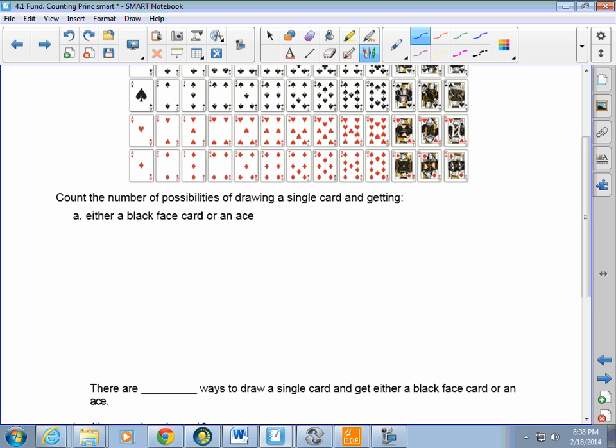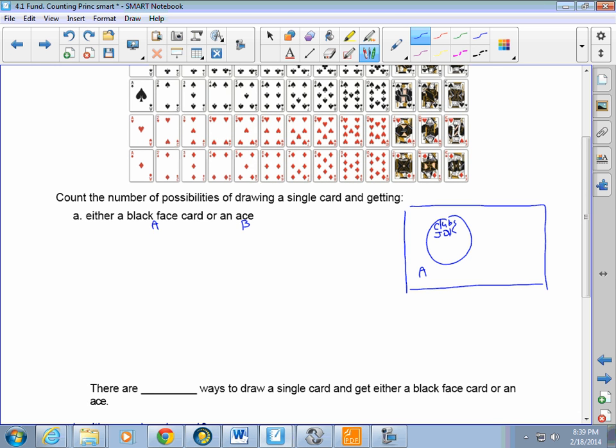So if we think of this as a Venn diagram, and we call our black face cards set A and our aces set B, then in set A, our black face cards would be in clubs, and we'd have Jack, Queen, King.